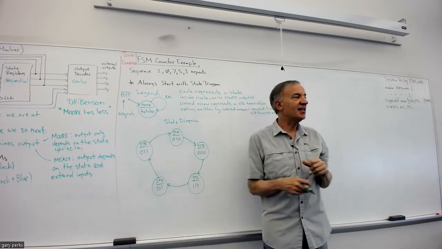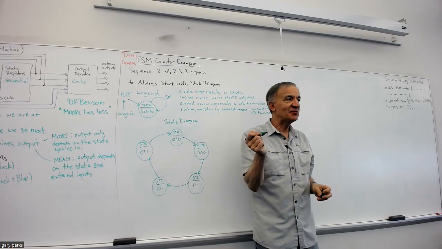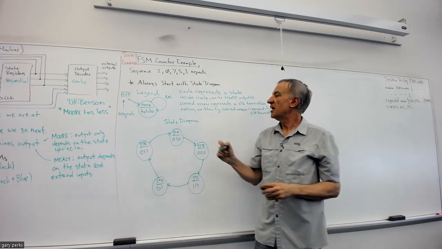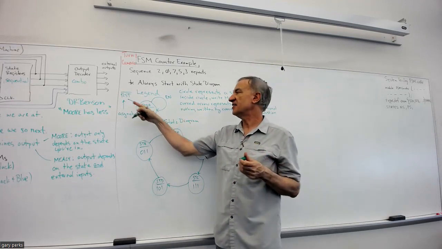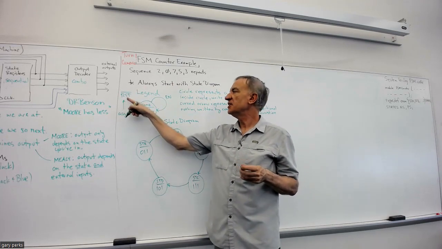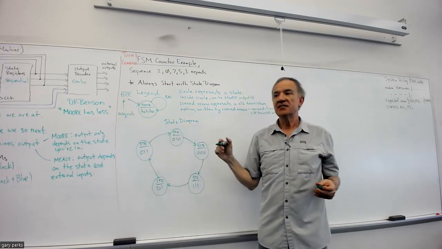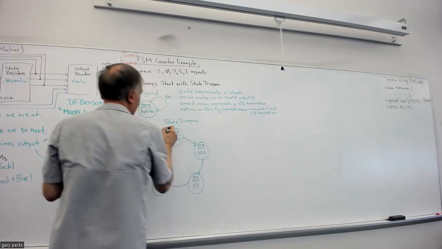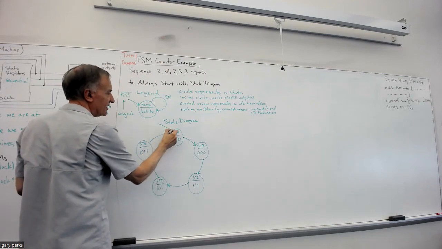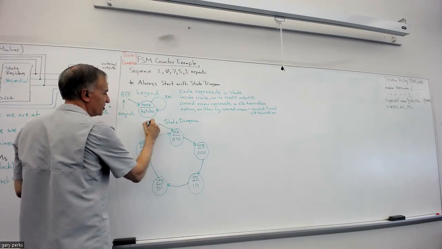If enable is not active, we're just going to stay in the same state. The other thing that I decided as the creator of this example is that when this async reset is low active, we're going to go to state A. So in the state diagram, to show that when reset is active it goes to state A, you would just draw it like this.